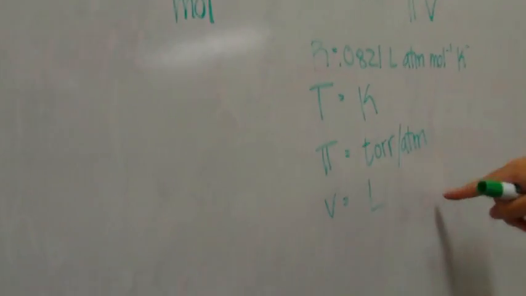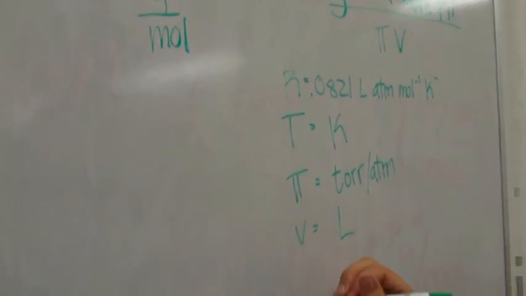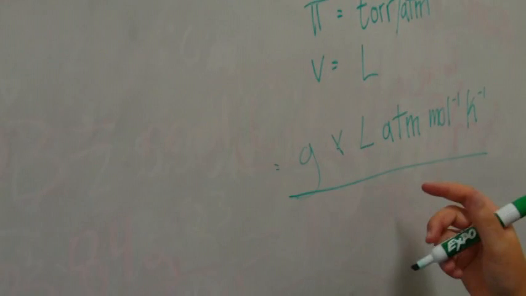Volume is in liters. So when we plug all of these units back into this equation right here, what we'll end up having is grams of solute, grams, obviously. We'll just have grams times ATM per mole per Kelvin, all over osmotic pressure.